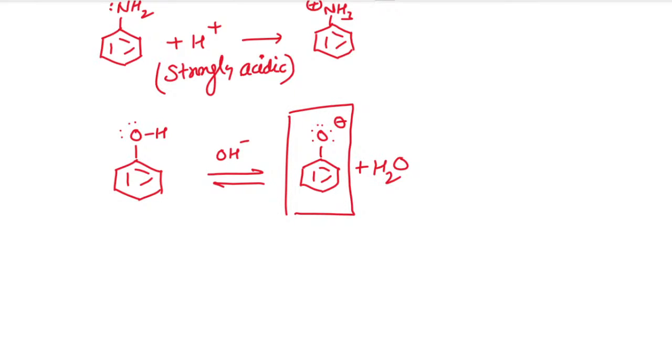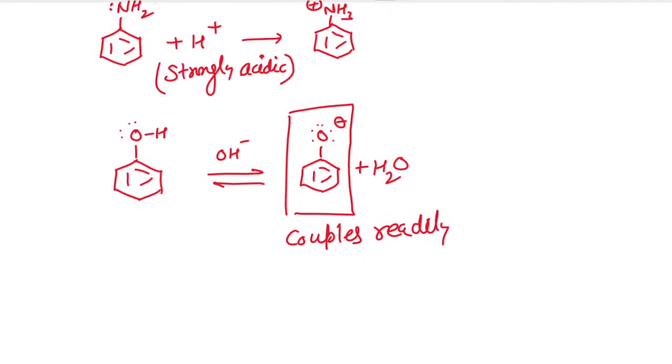If the pH is allowed to increase beyond 10, then what happens? If it is weakly basic, then phenoxide is formed, which couples readily.